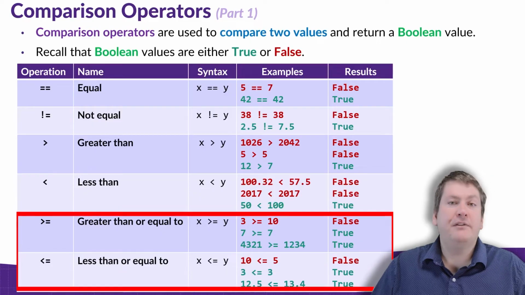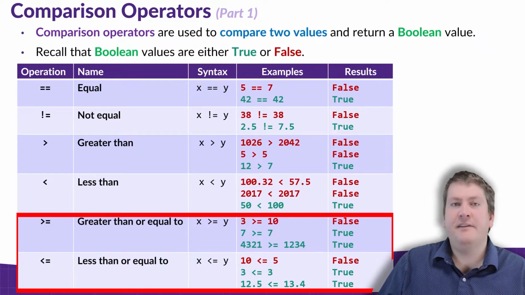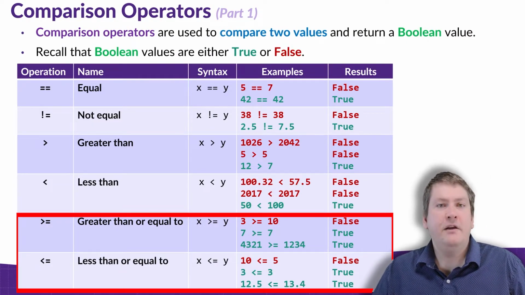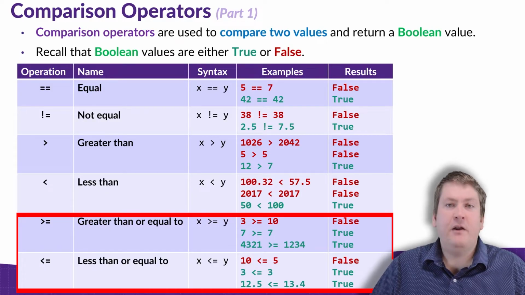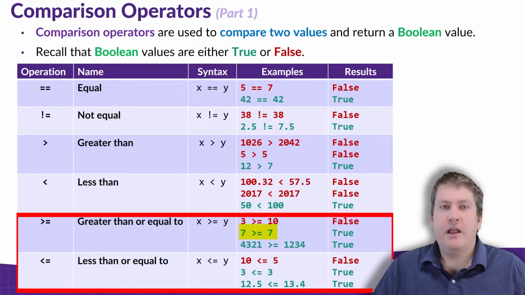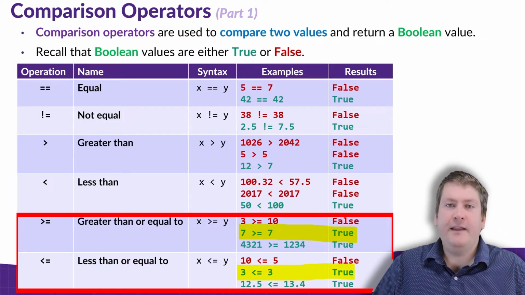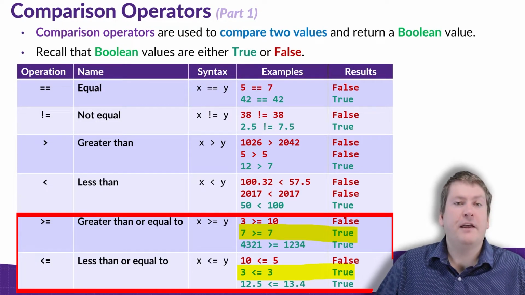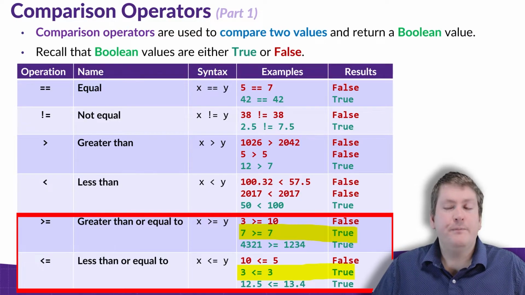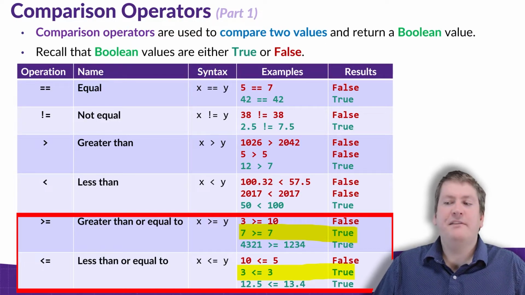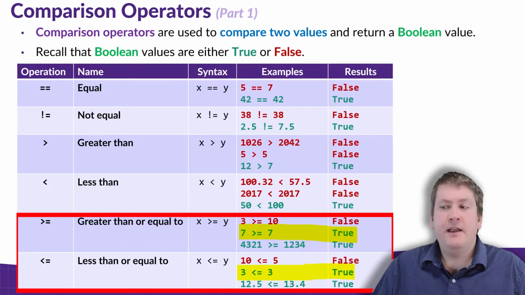So to include values as being equal as well as less than, or equal as well as greater than, we need to use the less than or equal to operator or the greater than or equal to operator. These work the same as greater than and less than, but they also include values that are equal as a true result. What we can see on the screen right now, we have 7 greater than or equal to 7, and that's returning true because we included the equals.